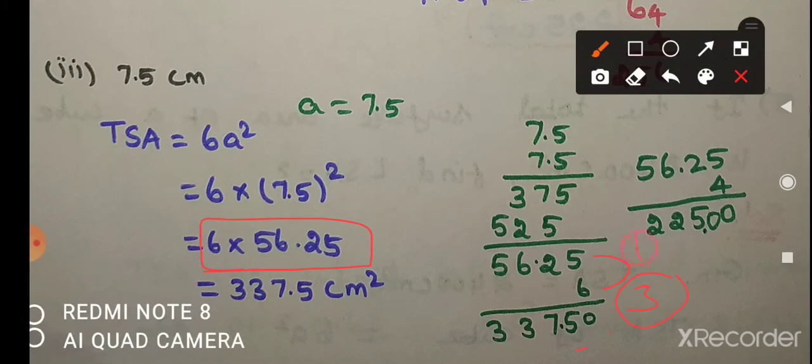So here 7, then balance is 3. 6 into 5 is 30, 30 plus 3 is 33. So we get 337.50. So the TSA is 337.5 centimeter square.